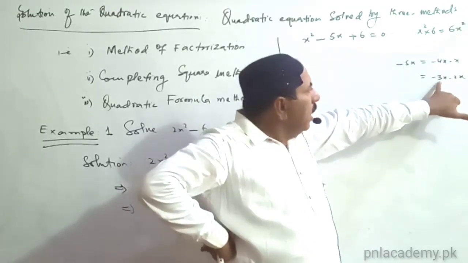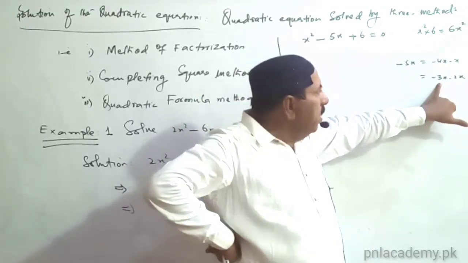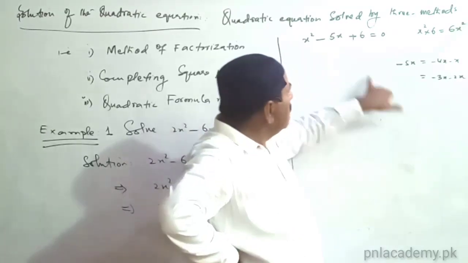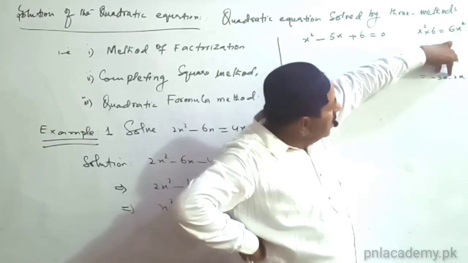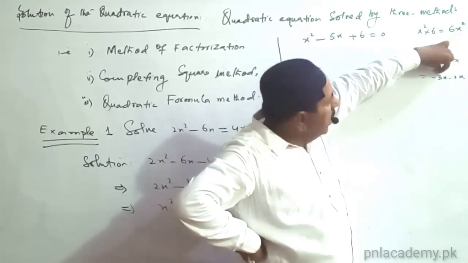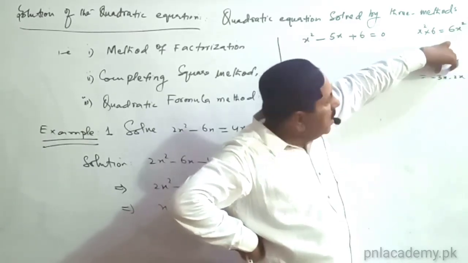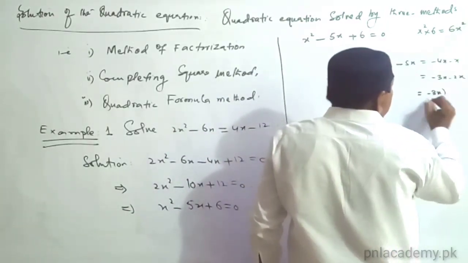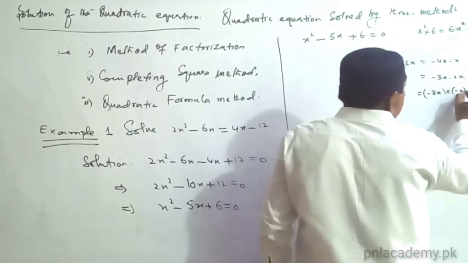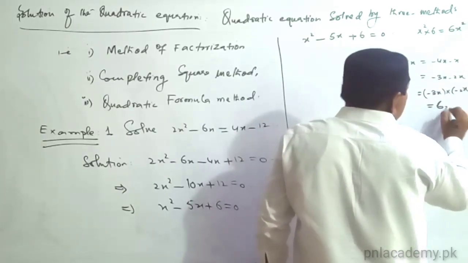Again, if we add minus 3x minus 2x, the result is minus 5x. But when we multiply minus 3x into minus 2x, minus into minus plus, 2 3s are 6x square. With respect to multiplication, minus 3x into minus 2x gets the result 6x square.